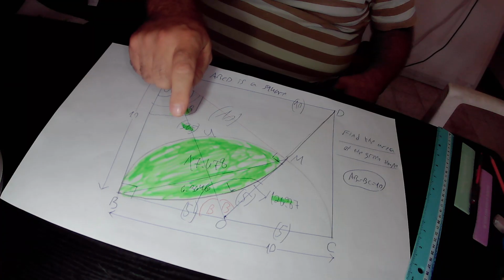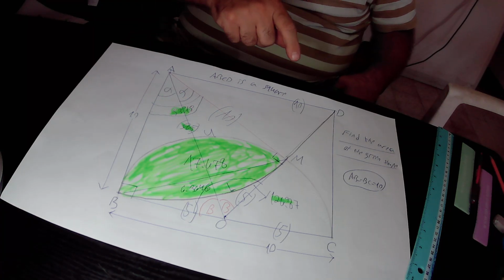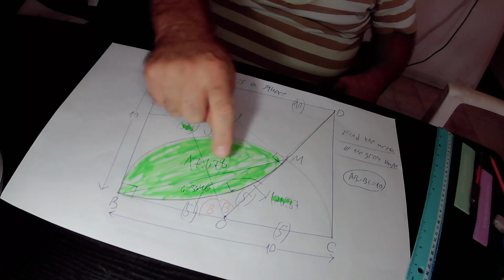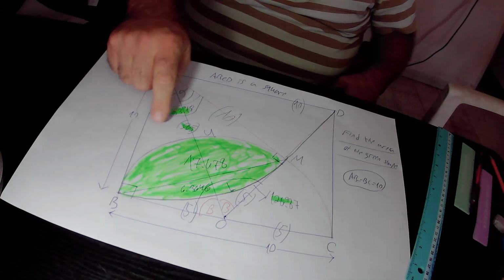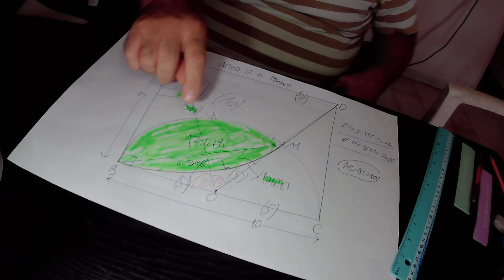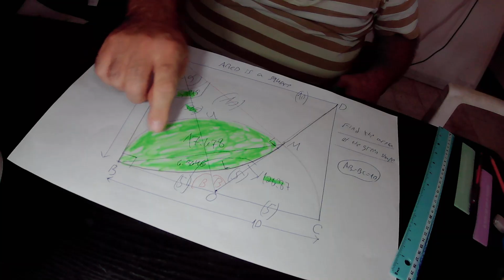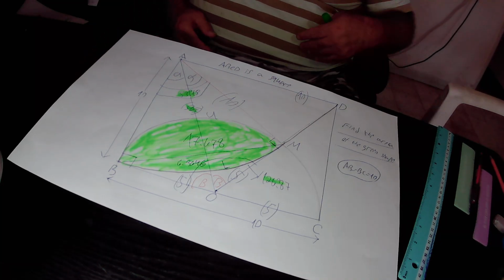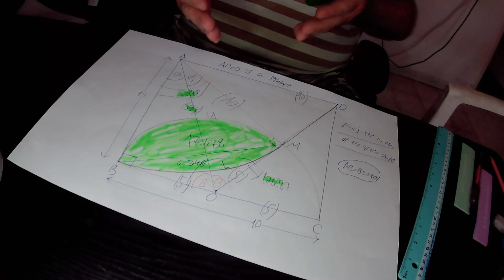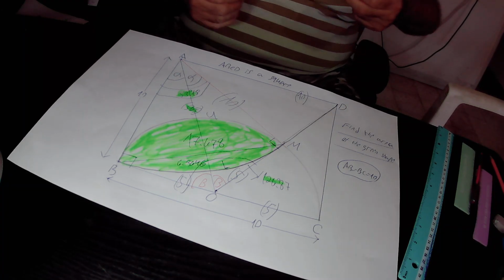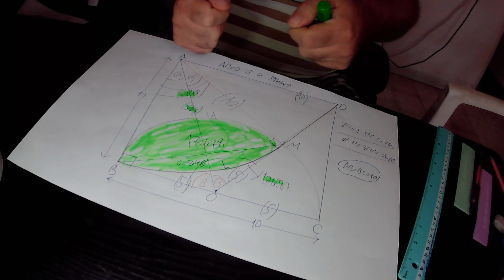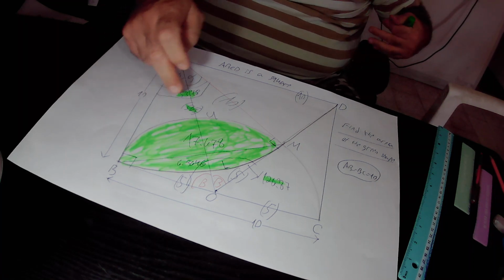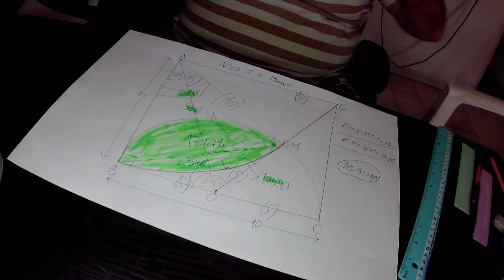The first part is a segment, so we define the upper segment as segment MUB, and we define the lower segment as segment MLB. So we find the area of each segment separately, and then we add the two areas together, and this will be the area of this green shape, that is the area that we are looking for in this question.